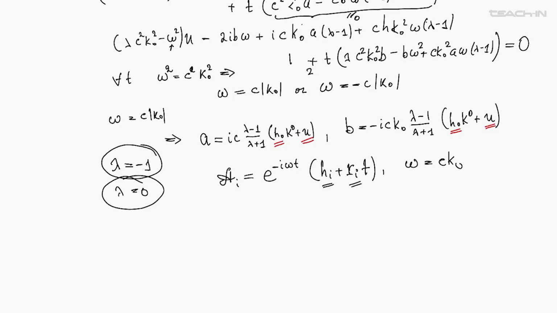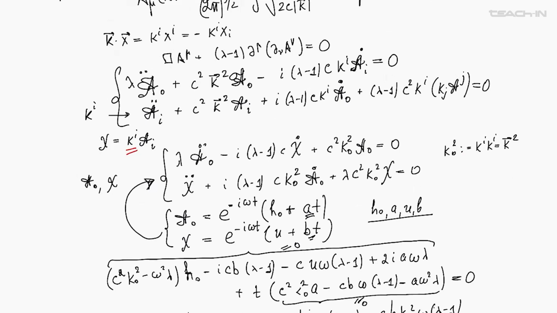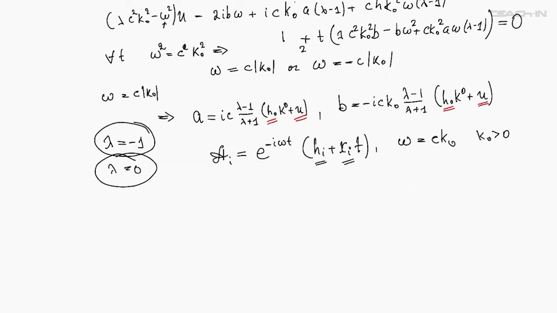Then if I plug this ansatz for A_i into the differential equation for A_i here, and again separate the time-dependent part from the time-independent part, I can actually solve for this r_i in a unique way, and I find that this is ick_i divided by k0 multiplied by (λ-1)/(λ+1), (h0 k0 + u), and this turns out to be the same as k_i over k0 squared multiplied with coefficient B, which we have already determined.